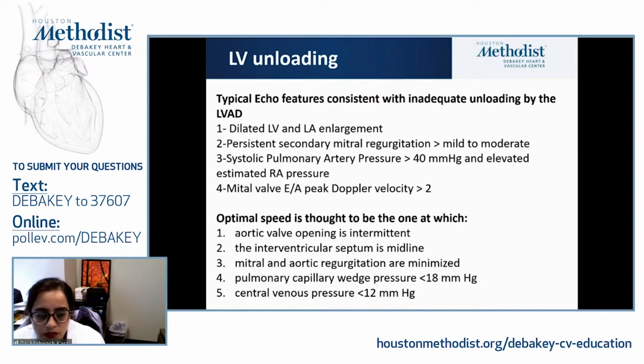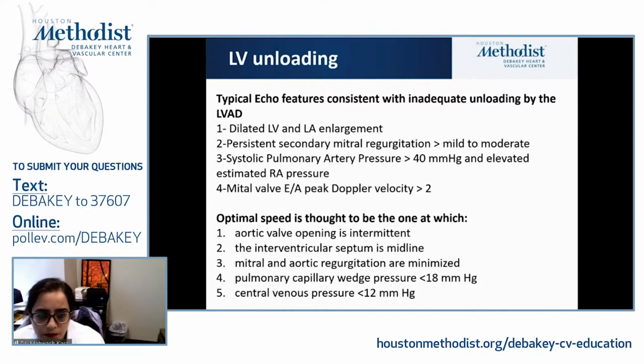The other important things we have to look at are, again, the interventricular septum, whether it's midline or not, and whether the presence of mitral and aortic regurgitation is minimized. And of course, by hemodynamic assessment, whether the filling pressures by echo or by right heart cath are normalized, meaning the wedge pressure is below 18 and the central venous pressure is below 12.